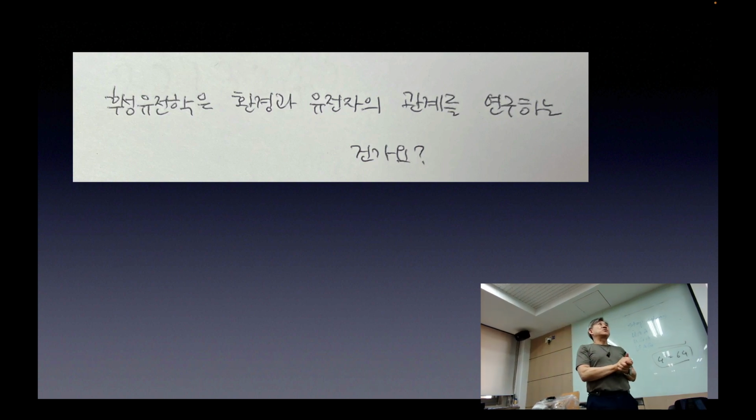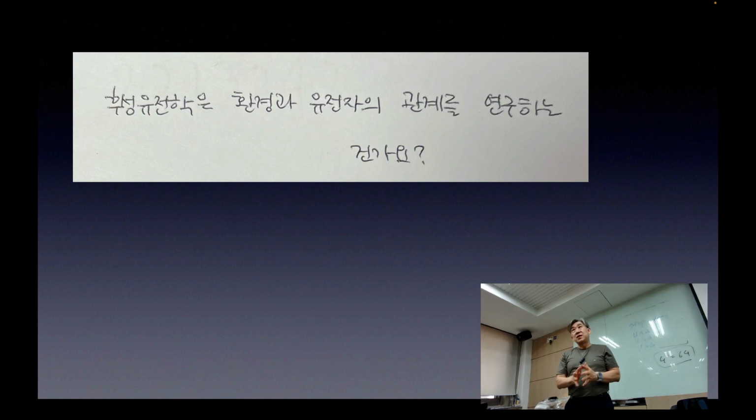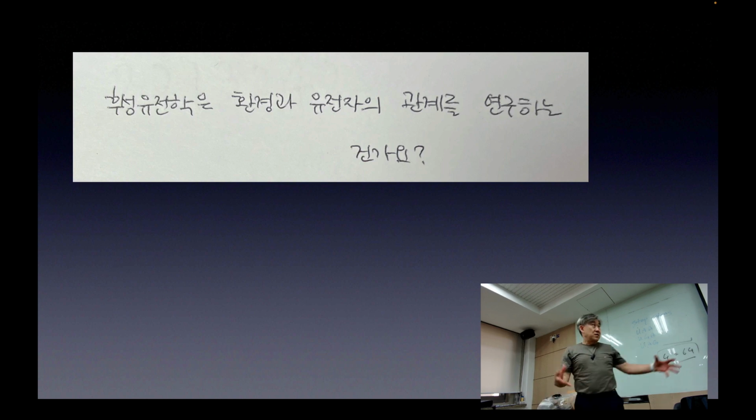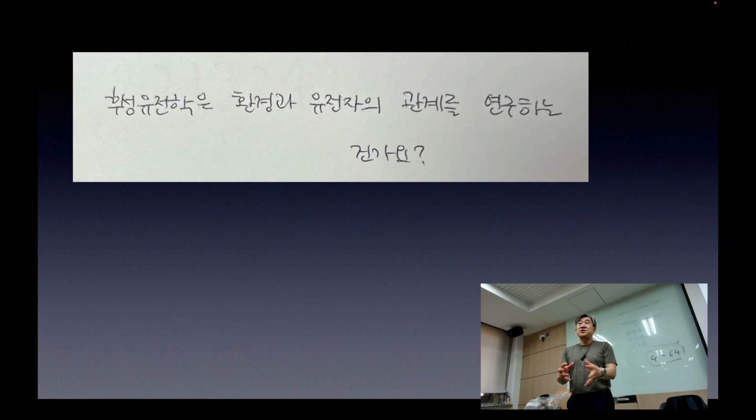Practically speaking, those who study epigenetics deal with DNA condensation, chromatin condensation, because gene expression level is directly related with how much chromatin condensation there is.